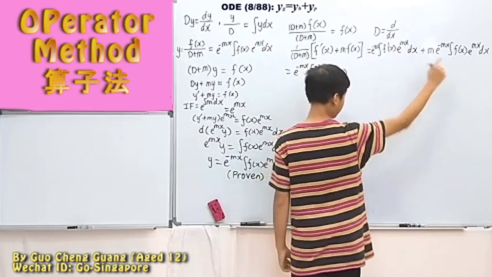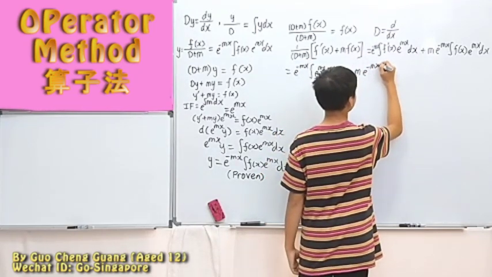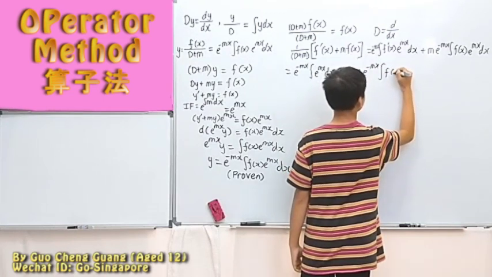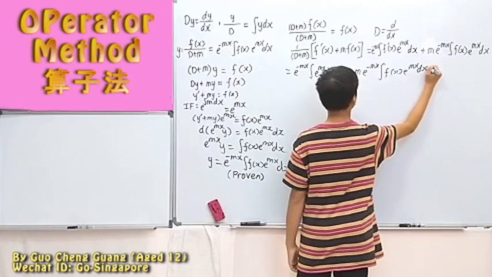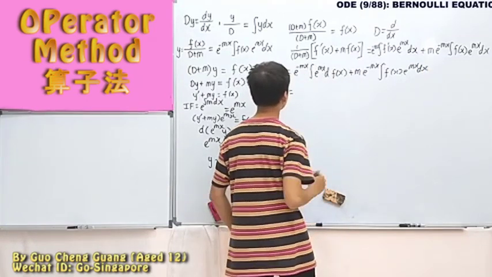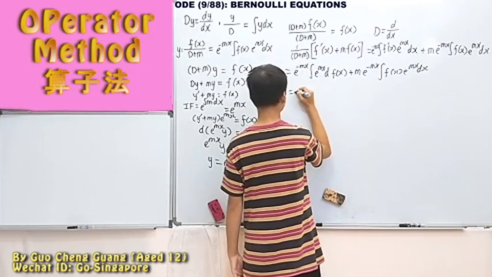Like this. For the back part, we just keep it the same first. Then afterwards, for this part, we can use integral by parts.